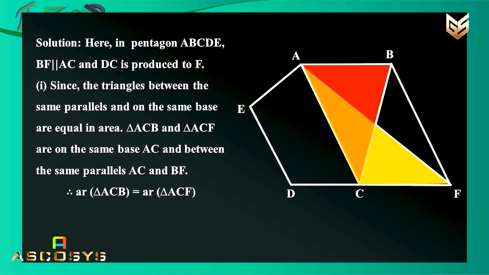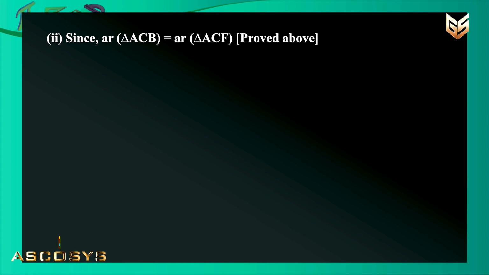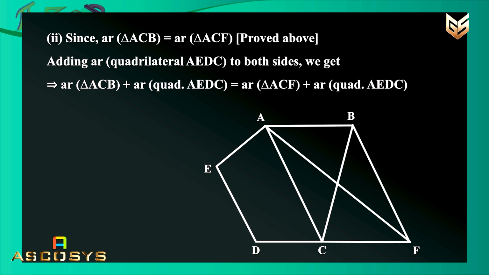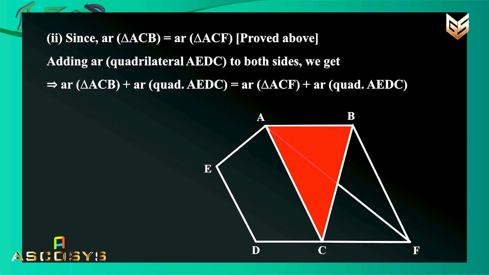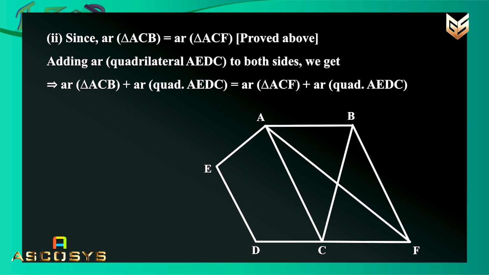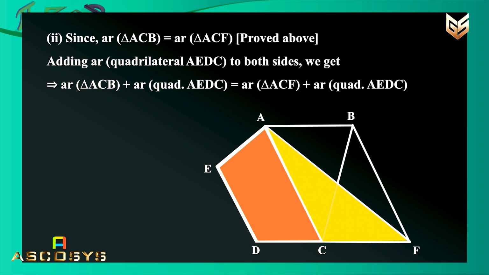So we can write area of triangle ACB is equal to area of triangle ACF. Then in question number 2, since the area of triangle ACB is equal to area of triangle ACF as we have proved now, adding the area of the quadrilateral AEDC to both the sides, we have area of the triangle ACB plus area of the quadrilateral AEDC is equal to area of the triangle ACF plus area of the quadrilateral AEDC.